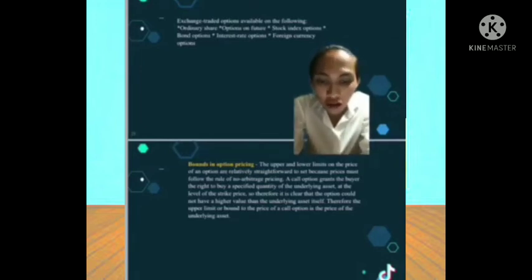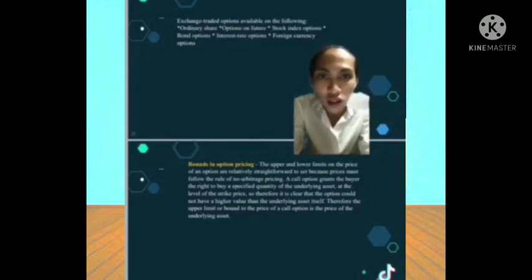Options on futures are contracts that represent the right, not the obligation, to either buy or sell a particular underlying futures contract at a specified price on or before a specified date.